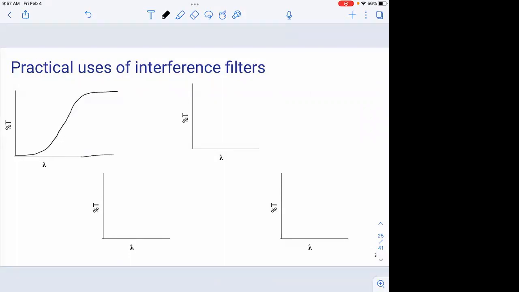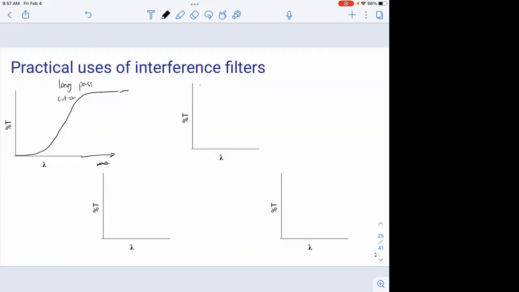We call this a long pass or a cut-on filter. It makes plenty of sense to say that these longer wavelengths out here have high transmittance. So long wavelengths are passing, right? So we call this a long pass filter.